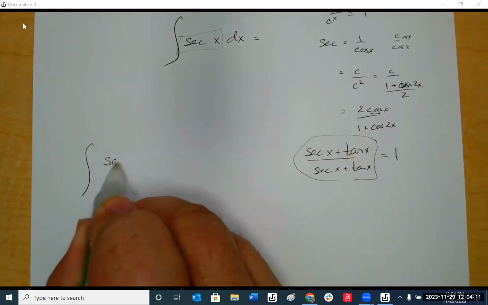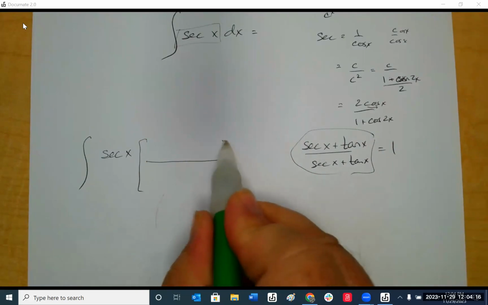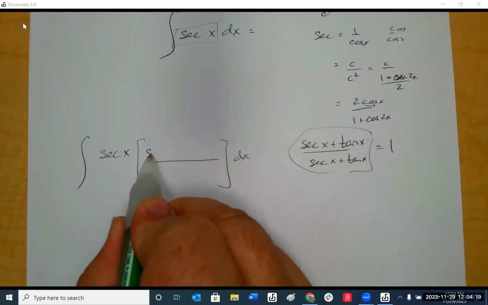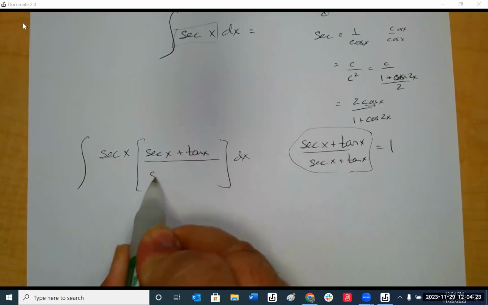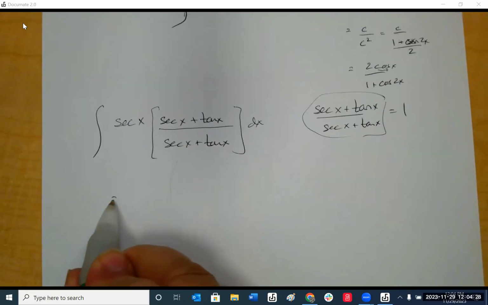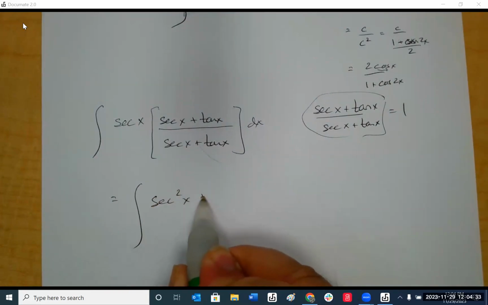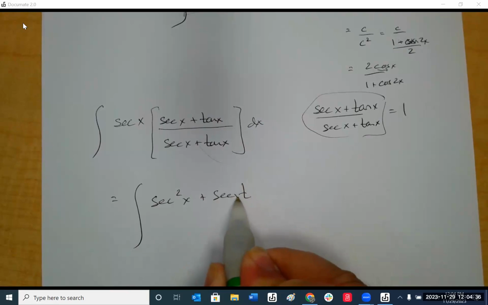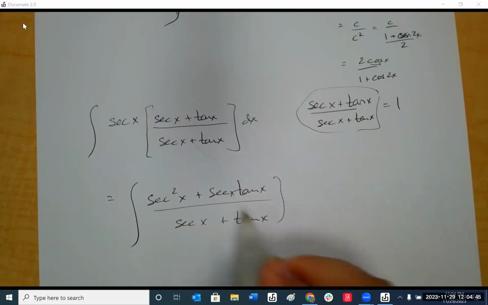So if we had secant times secant x plus tangent x over secant x plus tangent x, we would get secant squared x plus secant tangent over secant x plus tangent x.